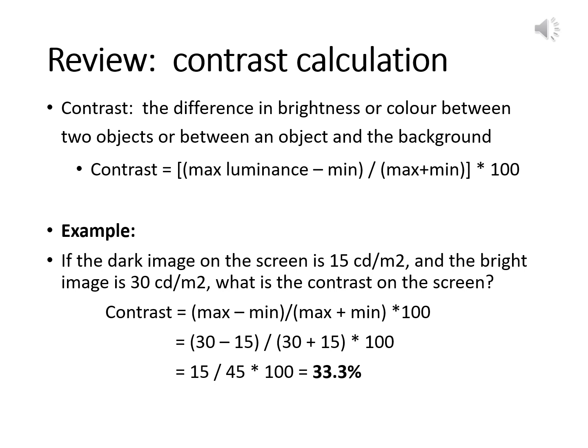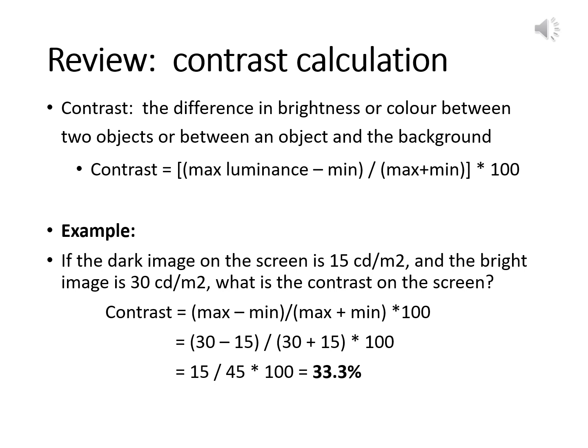Contrast is expressed as the percentage or ratio where we subtract the darker object from the lighter object and then divide by the sum of the luminance of both objects. And to get the percentage, we multiply that answer by 100.